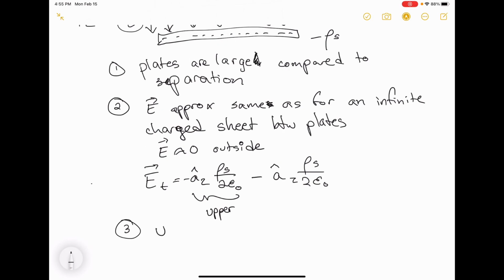Then we can use Gauss's law to find the enclosed charge.